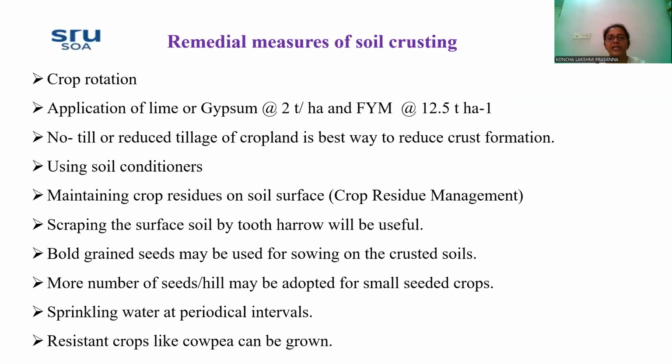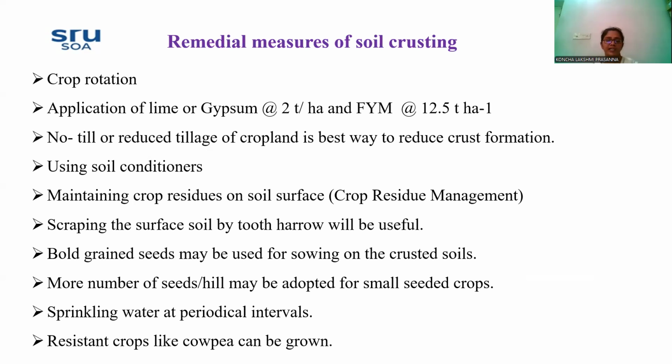Next is the remedial measures for soil crusting. There are different remedial measures in order to prevent this soil crusting. It is like crop rotation, application of lime or gypsum at the rate of 2 ton per hectare, and application of FYM at the rate of 2.5 ton per hectare.